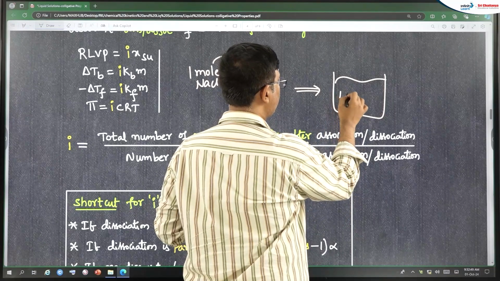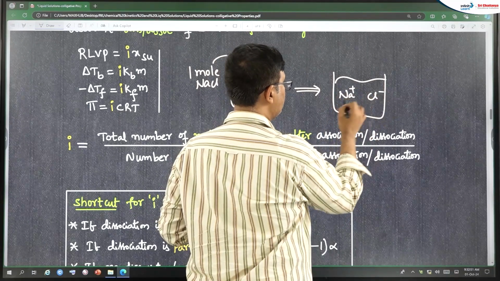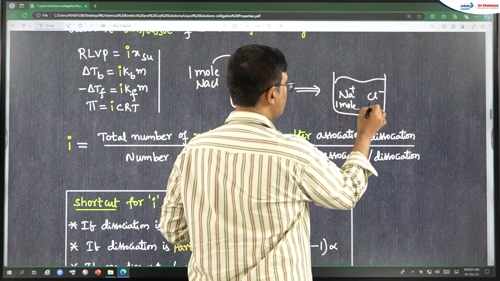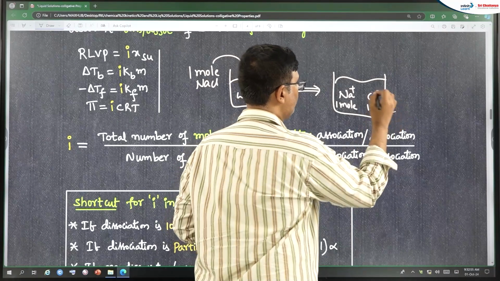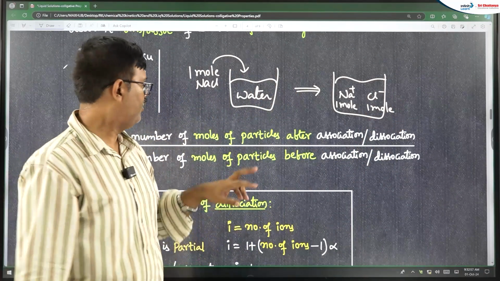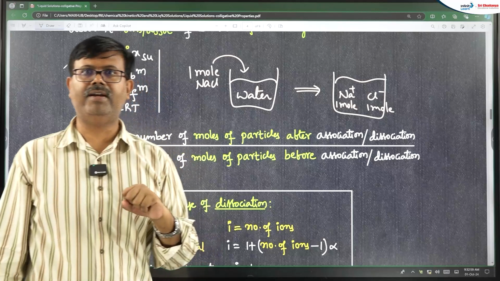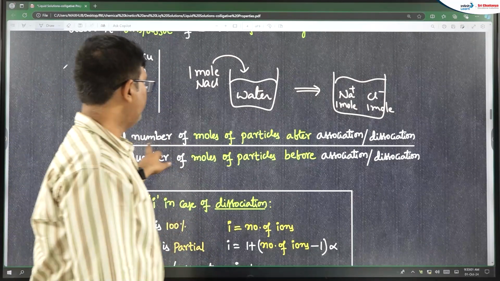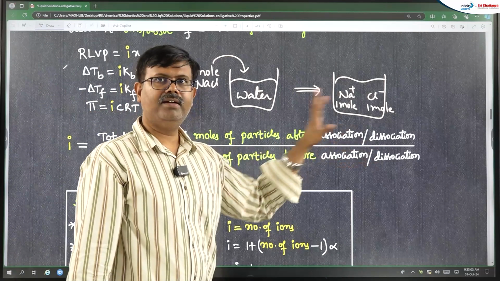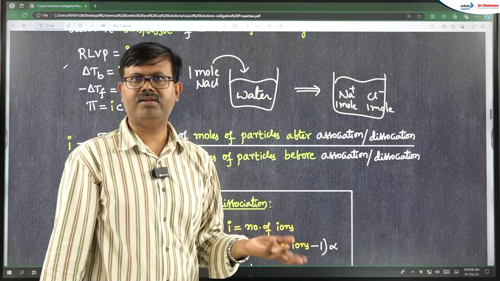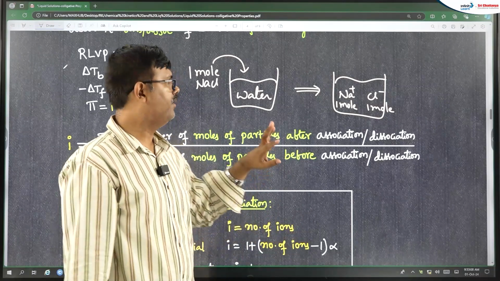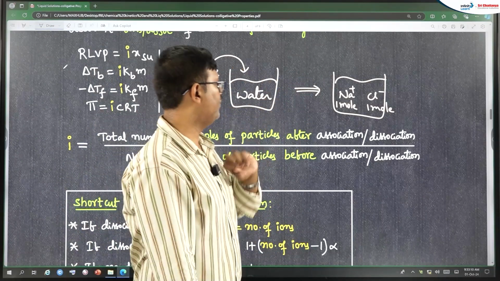It breaks down into Na plus and Cl minus. Na plus also 1 mole, Cl minus also 1 mole. Now, if you have to find Van 't Hoff factor of NaCl, we need the number of moles of particles after association or dissociation, whatever takes place in the beaker. Here dissociation is taking place.